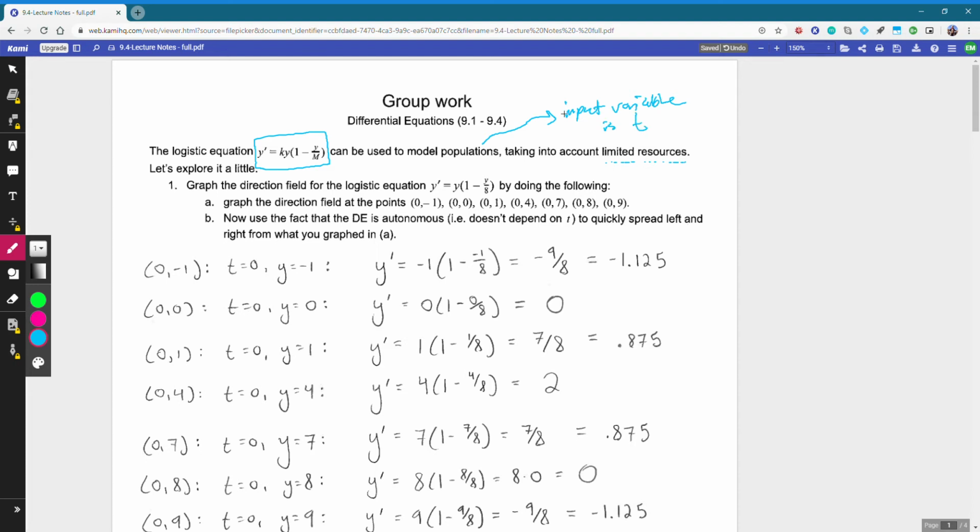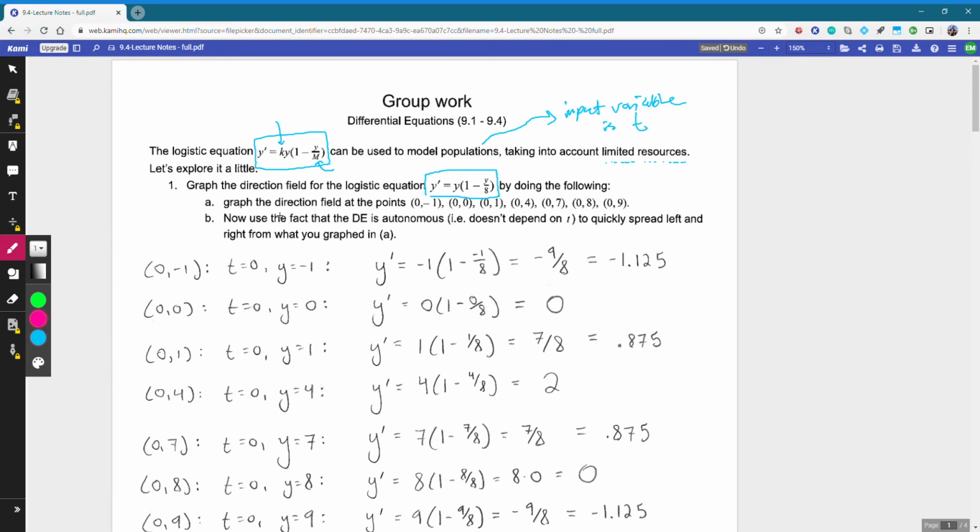It doesn't really matter what letter we call it, but we often want to think about the population with respect to time. And so here we're looking at a specific instance of the logistic equation where the k out front is 1 and the m down at the bottom is 8.